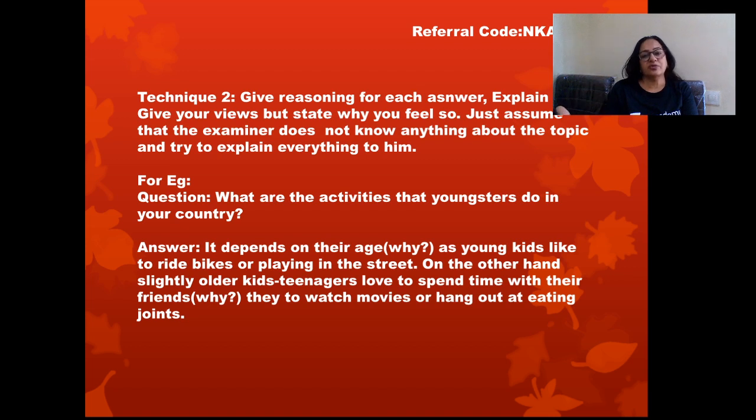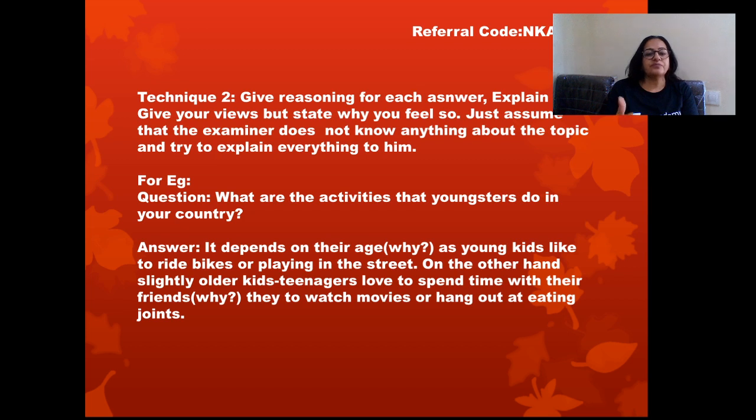He doesn't know anything about the topic, and you have to explain it. You have to think as if he's a newcomer, or a baby whom you have to teach something. So start from the basics and give as much detail as you can, extending your answer, giving a reason, giving the why for every sentence you give.